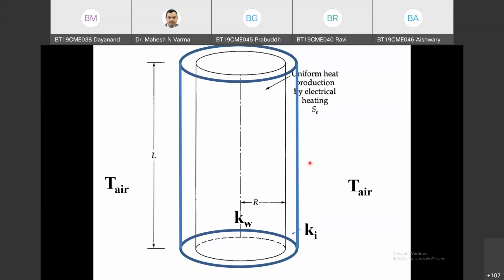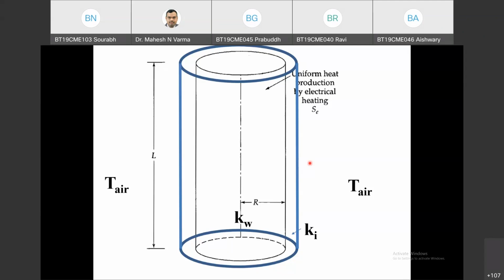Excuse me, sir. Roll number 103, Saurabh, tell me. Sir, why can't we apply Fourier's law in the insulated section? We will apply the Fourier law. Let's say we assume the temperature on the inner surface is T naught, and the outside insulated surface is T1.